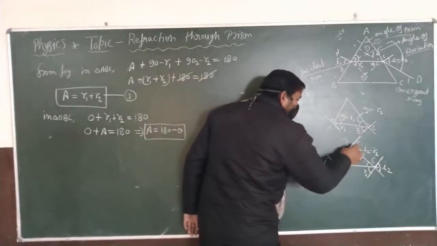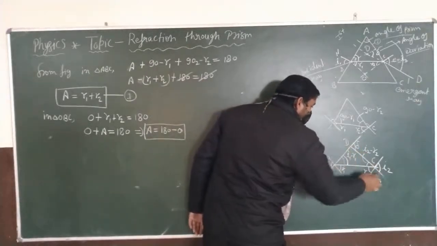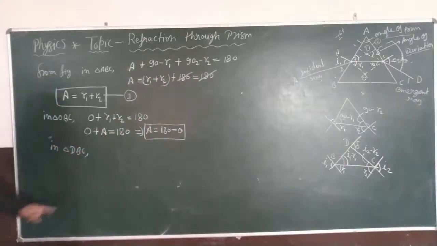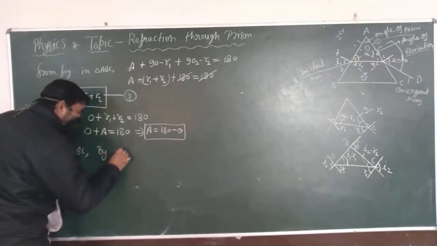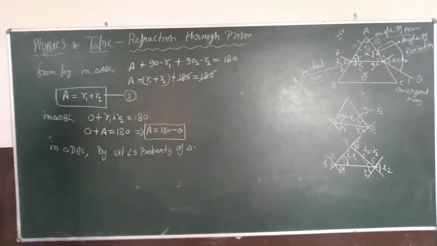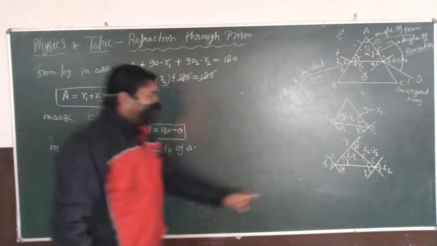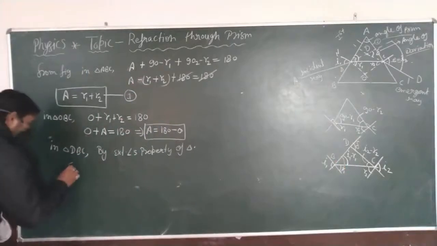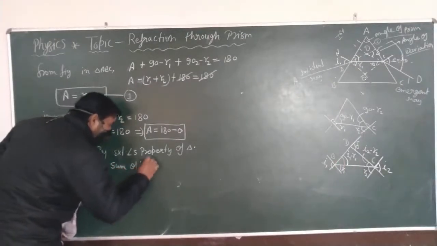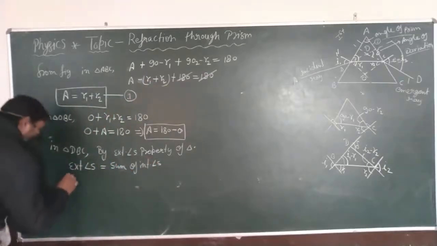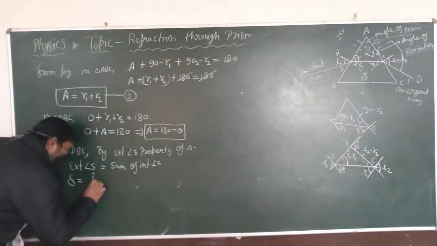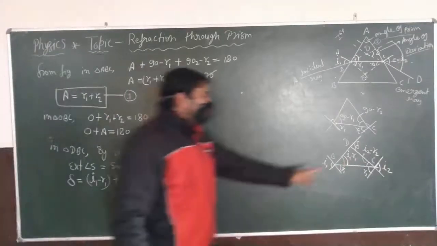Now, by using the exterior angle property for triangle DBC, the exterior angle is equal to the sum of the interior opposite angles, which is delta is equal to I1 minus R1 plus I2 minus R2.